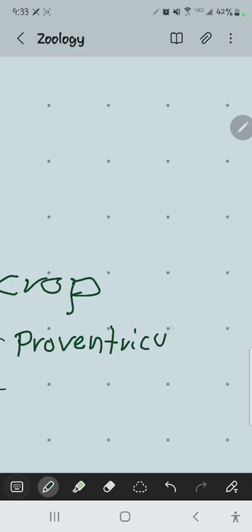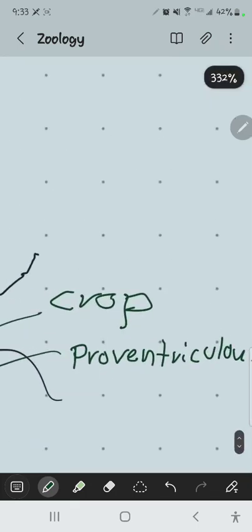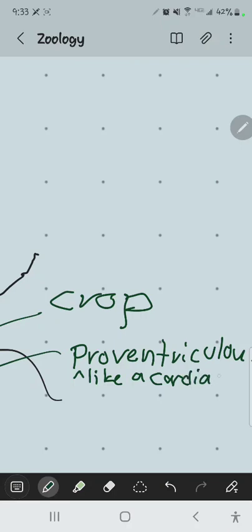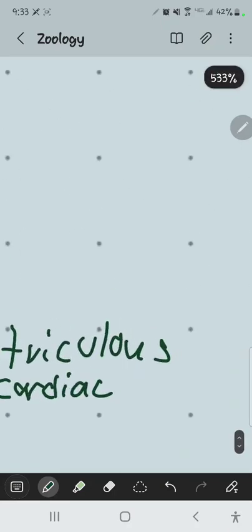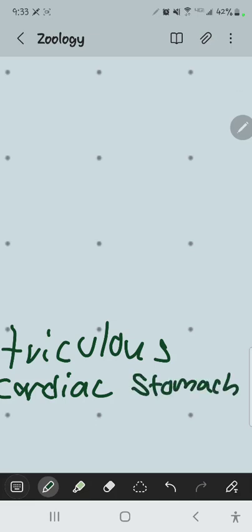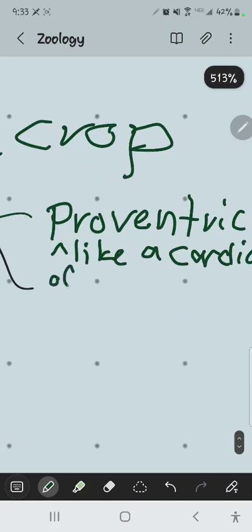I guess what it's most similar to would be the cardiac stomach of a crayfish. The crayfish had essentially exoskeleton plates that they used to crush their food as it was going through. But in the crayfish, it was kind of reversed, right? We had the gastric mill, and then we had the pyloric stomach. This is kind of backwards.